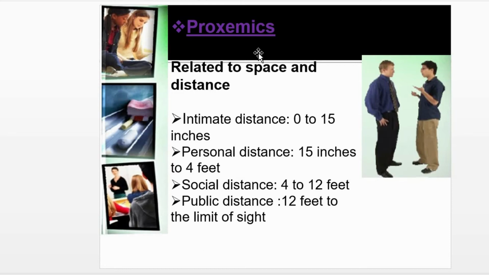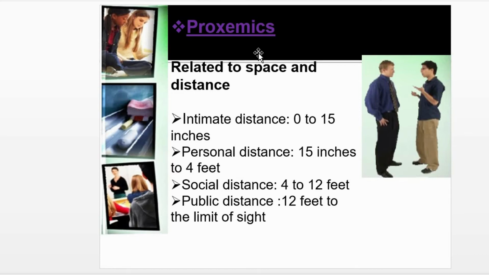When I have my very close friends and family members talking to me, they usually enter into an intimate space zone, which is also called intimate distance, that is 0 to 15 inches from the speaker.